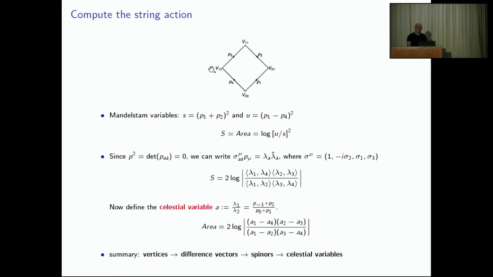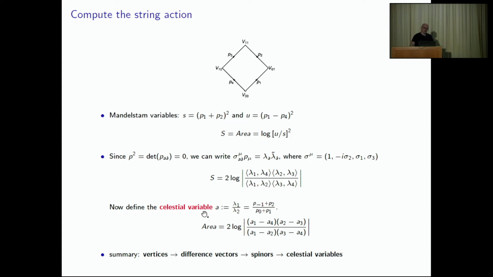And using the fact that these four lines have to close, momentum conservation, you can eliminate the lambda tildes from the formula, and you end up with this kind of cross ratio looking thing in terms of the lambda variables. Now you see that lambda 1 appears upstairs and also downstairs, and same for the others. So you can multiply the spinors by a number, and that drops out. So in fact, only the angle or the ratio of the two spinor components will matter.